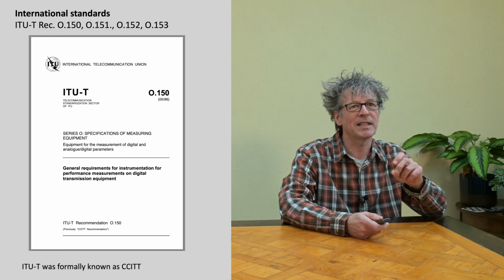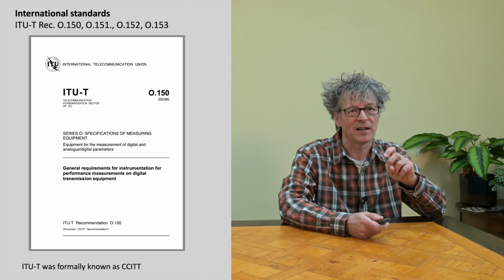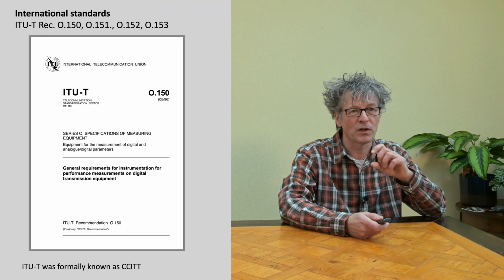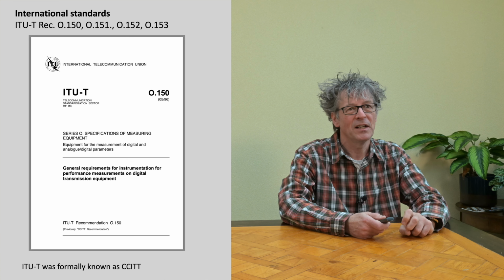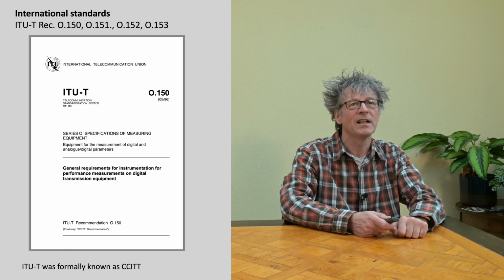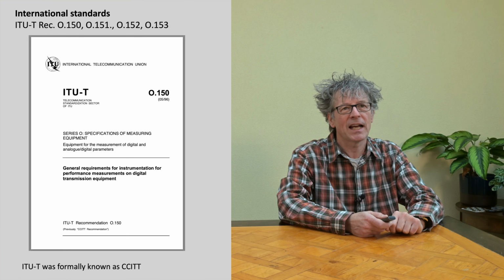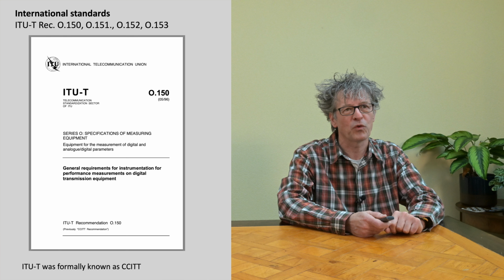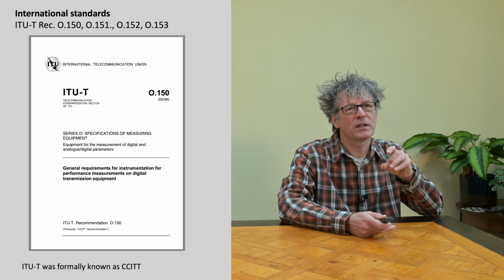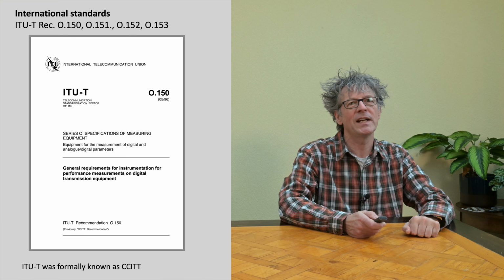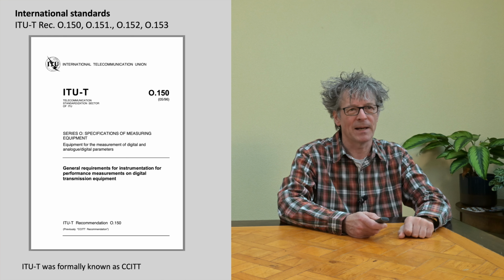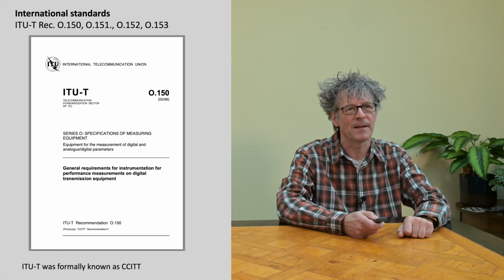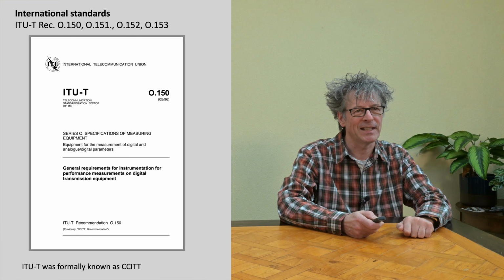We're looking at the particular series of standards about this type of code sequences, the recommendations in the O series: the O.150 and the O.151, 152, 153. We only really need to look at the O.150. That's the overall document and already contains everything, and the others basically describe in what situations you apply them. So I'm going to focus a little more on the O.150 recommendation here.